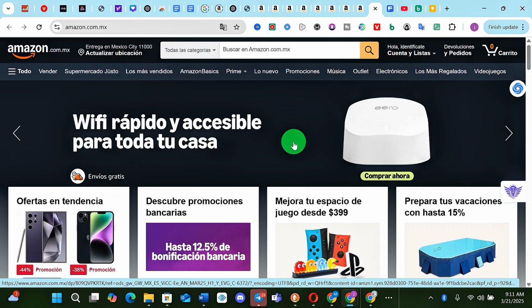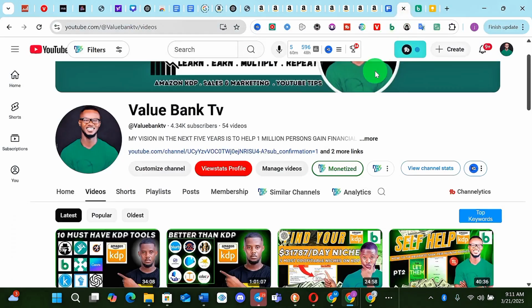And if, let's say, 400 million or 200 million people are coming to buy books on these marketplaces combined, you'll have a lot of people that could look at your book and potentially buy it. So this is one way of increasing your sales and your royalty dashboard on Amazon KDP.